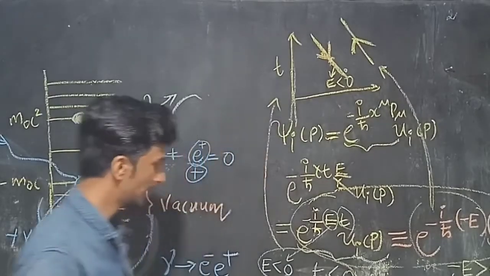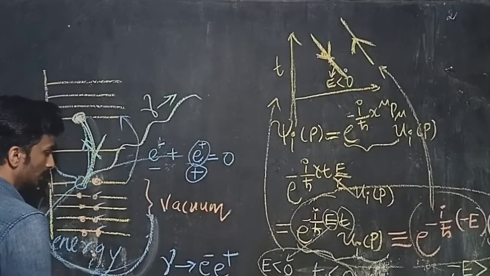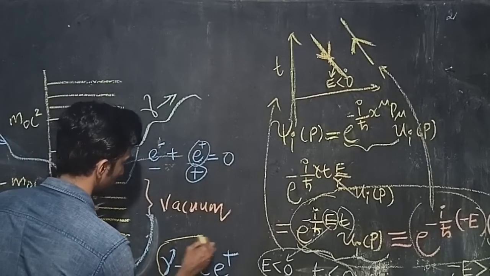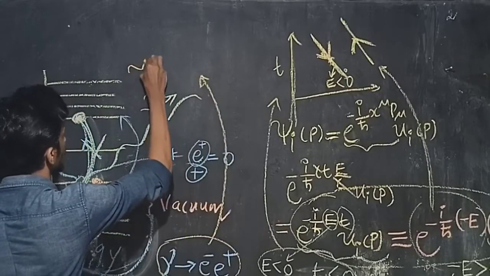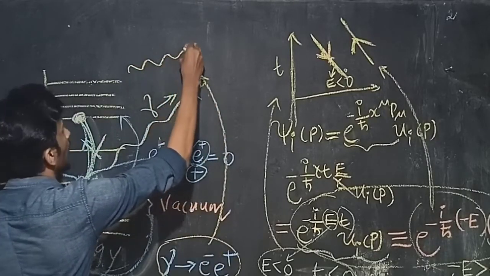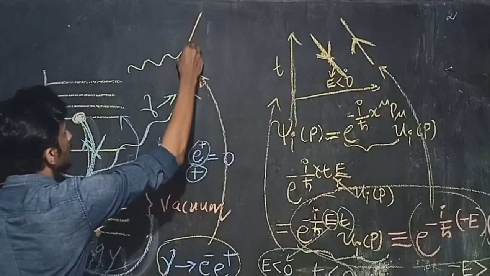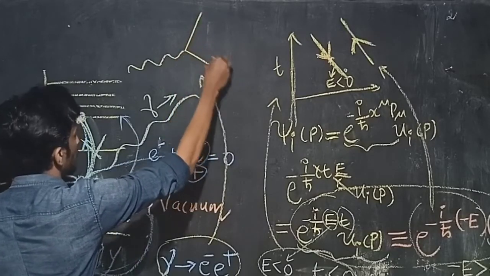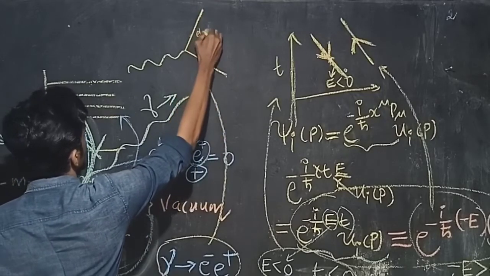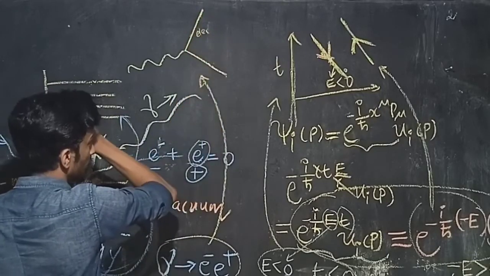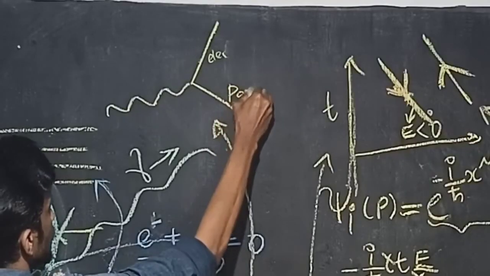Let me draw a Feynman diagram for this case. We can draw it as a gamma ray coming in, and it is pair produced into an electron and a positron. This is the electron, this is the positron.